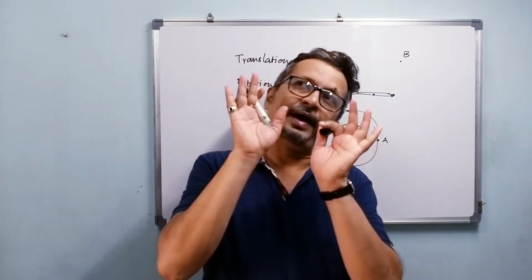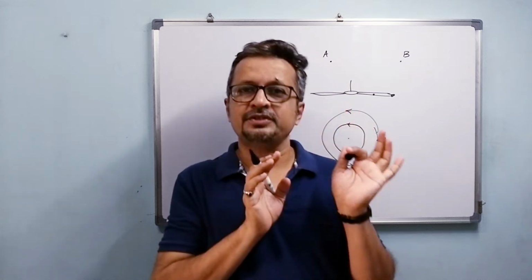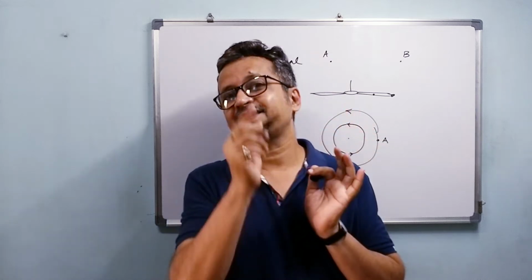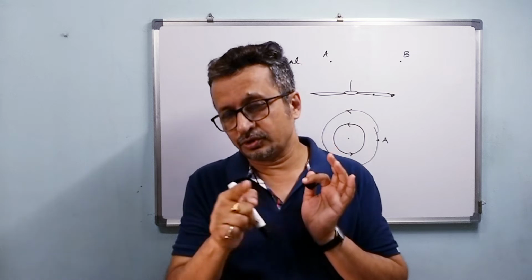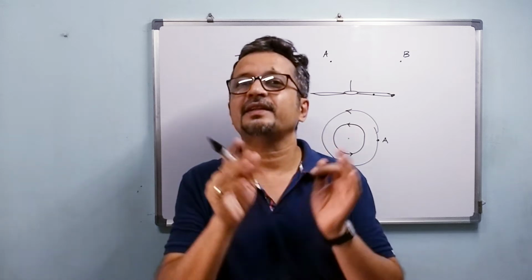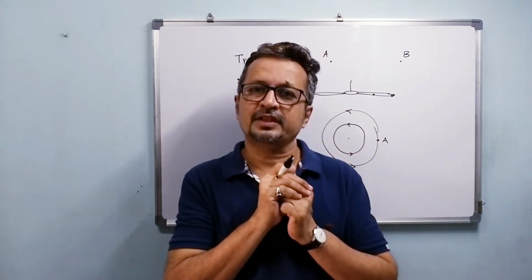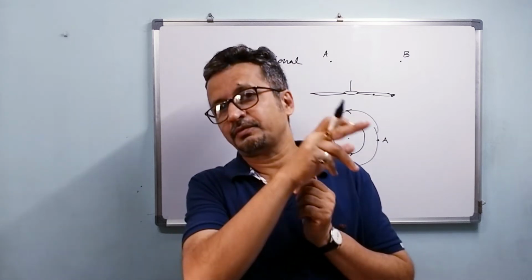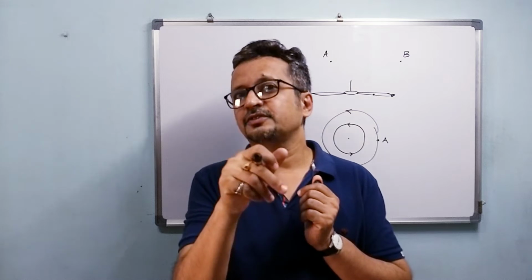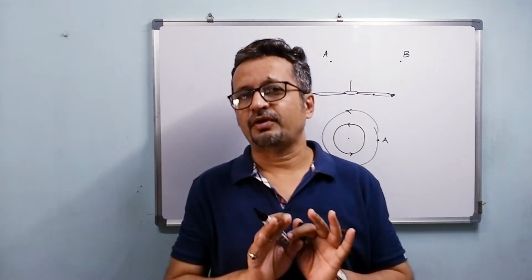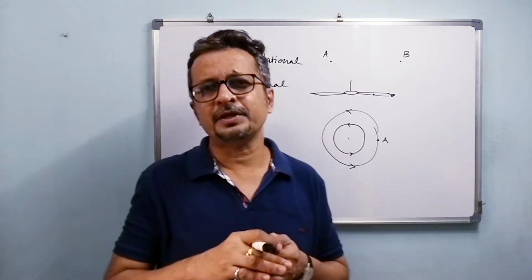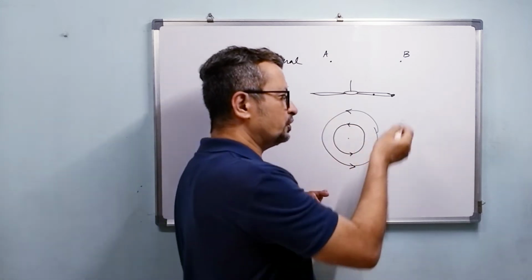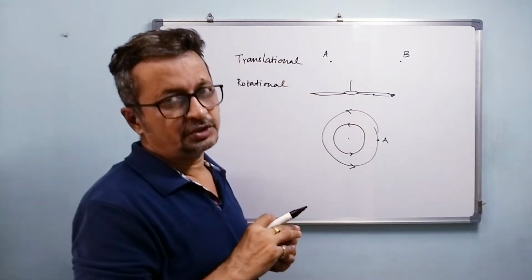But if the fan is at rest and I switch it on, then what happens? It starts from rest, the speed goes on increasing, and after some time it attains the maximum speed of rotation. So right from the beginning the speed will not be uniform, but anyway it is going to be a periodic motion.